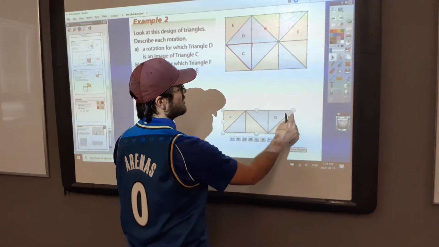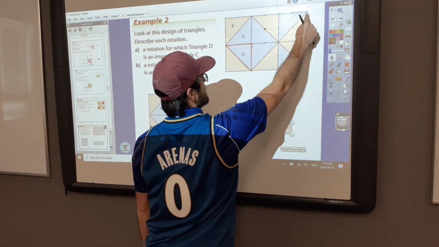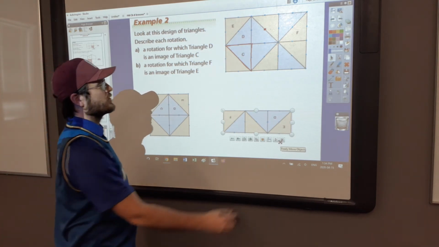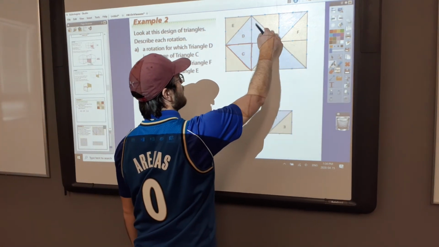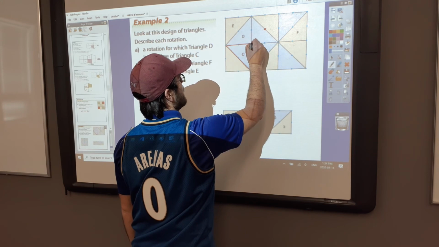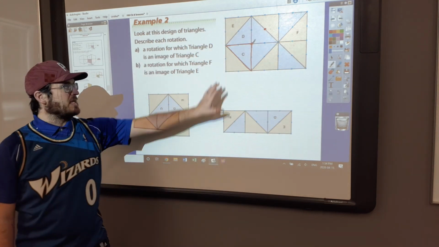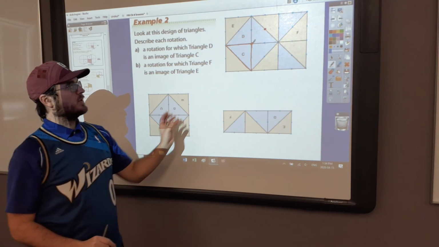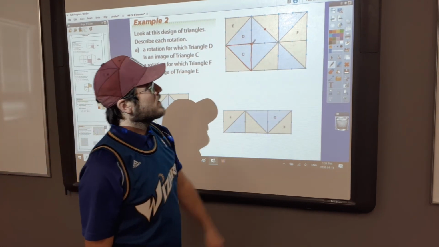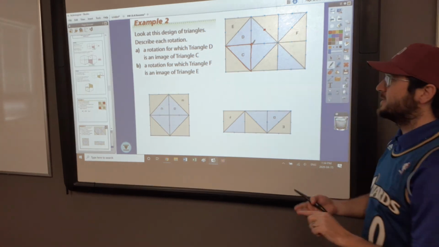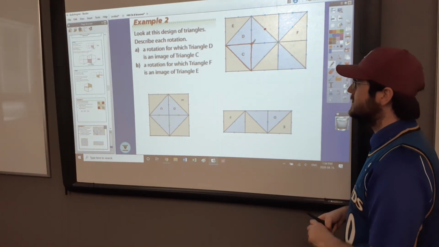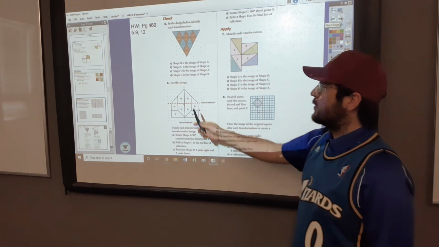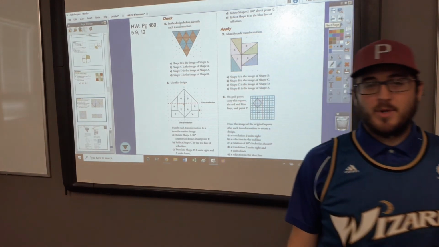Now if I look at the E shape, it looks just like the F one is, and the F looks exactly like the E. So it's been rotated 180 degrees around that point. Here, the other point, the point of rotation was there. Usually it's easier to rotate when you are rotating right along the shape because then it doesn't move too much, right? So that's an example of all three different types of transformations that you will see in tessellations, as we'll look at in the next few sections. We've got a couple questions to practice here from page 460.